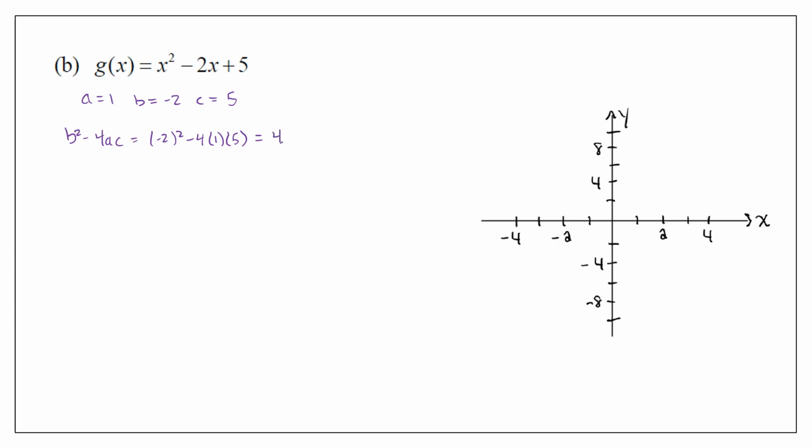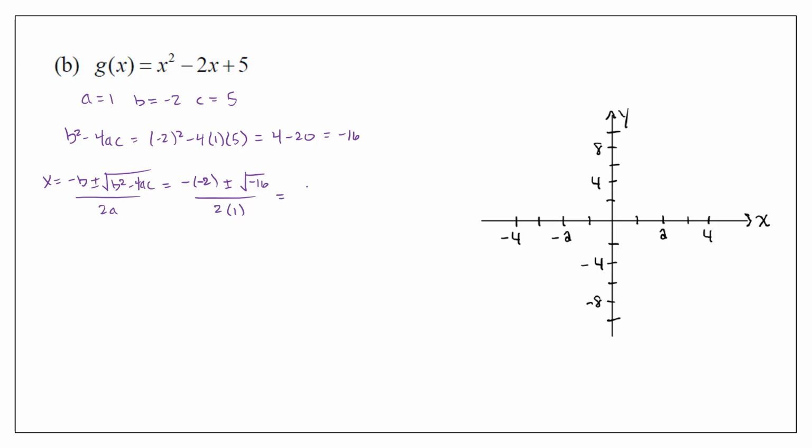So that will equal 4 minus 20, which equals negative 16. Okay. So plugging that into the quadratic formula, negative b plus or minus the square root of b squared minus 4ac, all over 2a. So that's negative times negative 2 plus or minus the square root of negative 16 divided by 2 times 1.